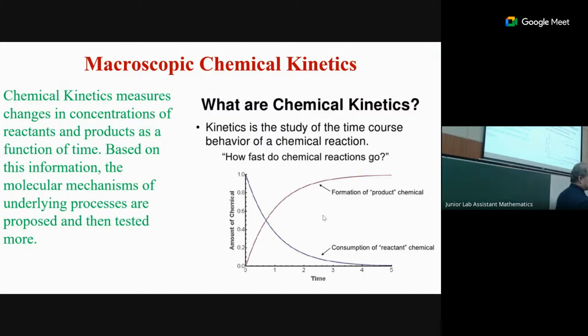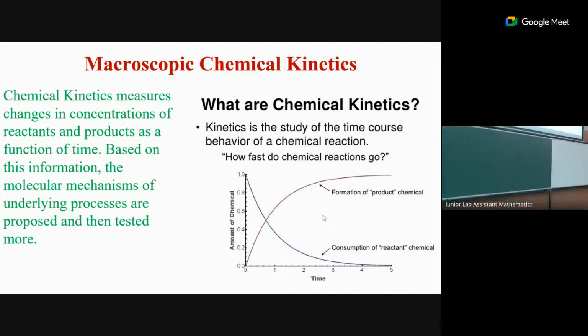Okay, so chemical kinetics. Probably most of you took classes in chemical kinetics, to some degree, so you know what it is. Chemical kinetics is the investigation of temporal changes for chemical reactions. People usually measure the changes in concentration of reactants and products as a function of time, and then based on this functional dependence, they propose what possible mechanism there is. We will go into detail to see some specific examples.